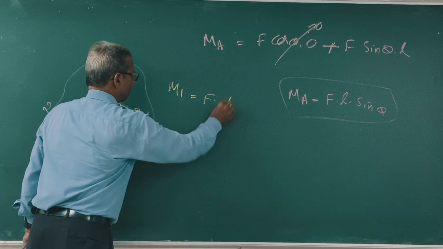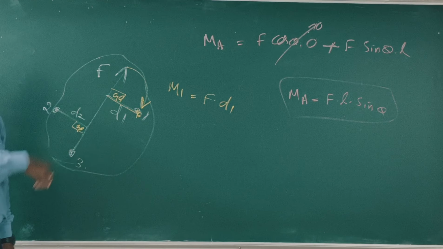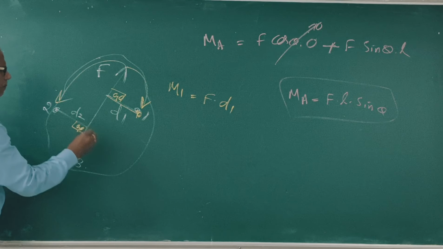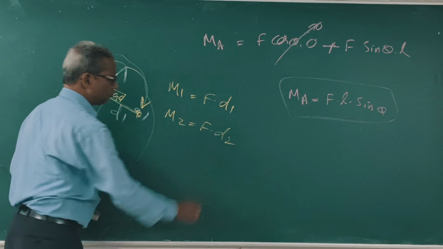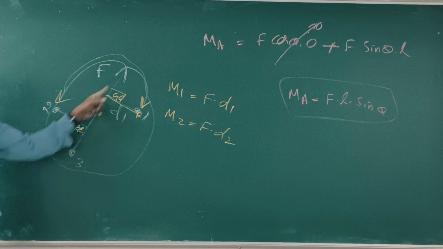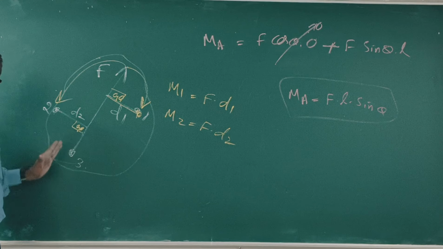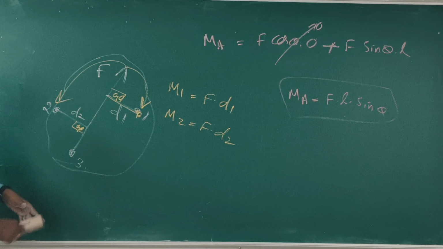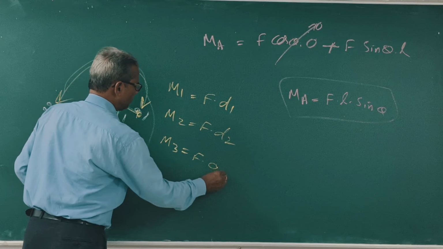F into d1, force into distance, the clockwise moment. This is M2. What is M2? F into d2, because d2 is the perpendicular distance between force F and point 2. d1 is the perpendicular distance between force F and point 1. Similarly for 3, what is M3 equal to? F into 0, 0.